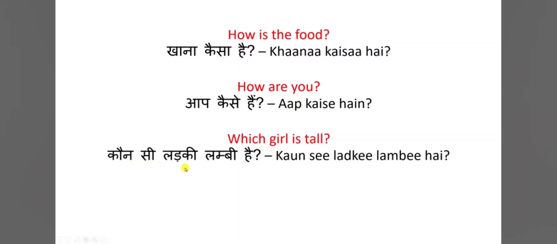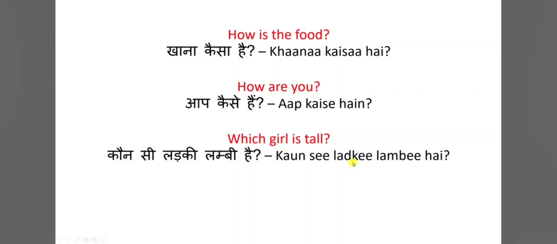Okay, next, which girl is tall? कौन सी लड़की लंबी है? Here कौन सी is which, लड़की is girl, लंबी is tall, है is. We have selected कौन सी because girl, लड़की, is singular and feminine.